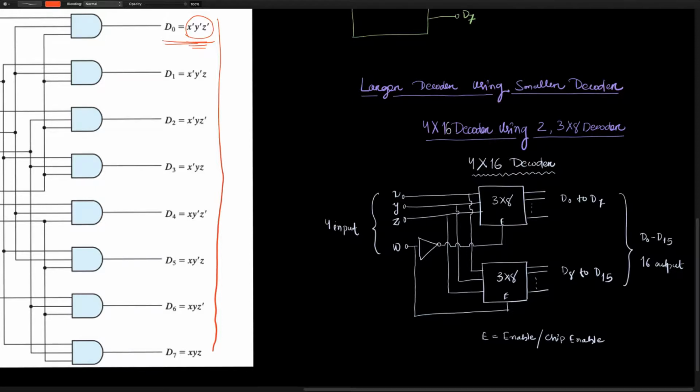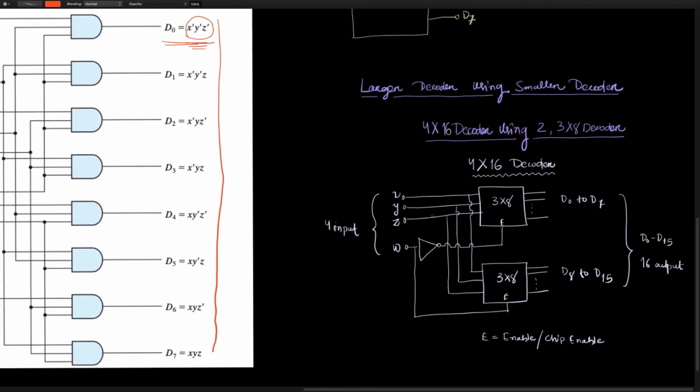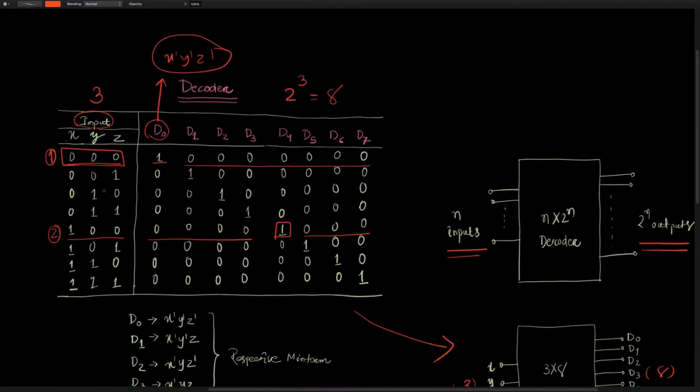Now for this, we have two 3 by 8 bit decoders, and we address them accordingly. XYZ is there. You have to take the help of a truth table here. XYZ, these are the 3 inputs. Now this is only for a 3 by 8 bit decoder.